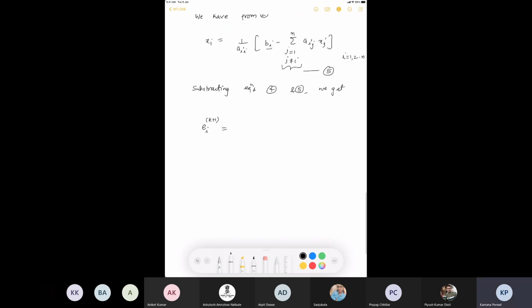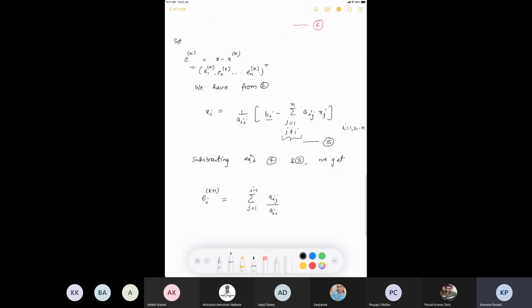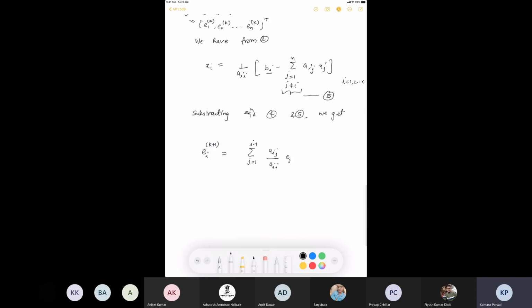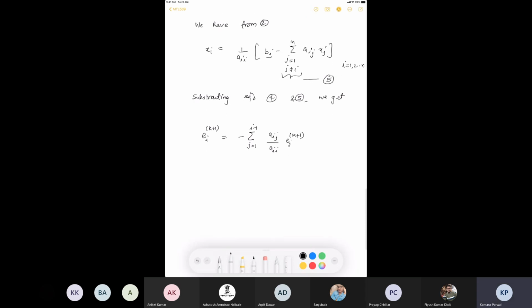So what I will get upon simplifying that is, for j is equal to 1 to i minus 1, aij divided by aii, and when I subtract the components here, I'm going to get the jth component of the k plus 1th iterate with a minus sign.